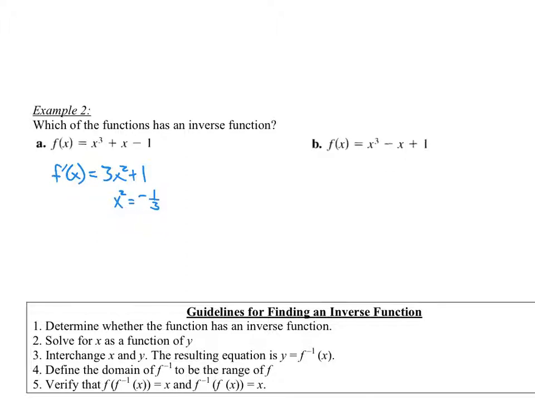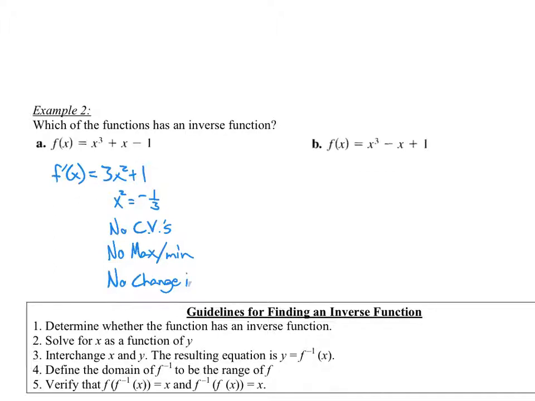So I have no critical points, or no critical values, which means I have no maxes or mins, no change in direction. Okay? No critical values means no relative max or min points, so therefore no change in direction.